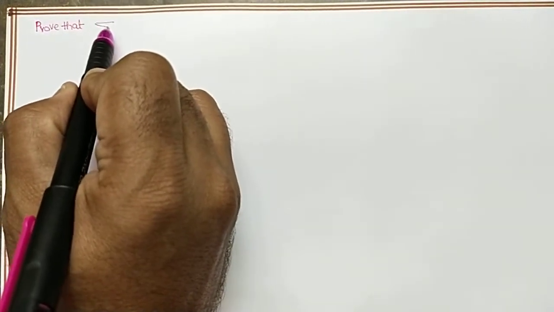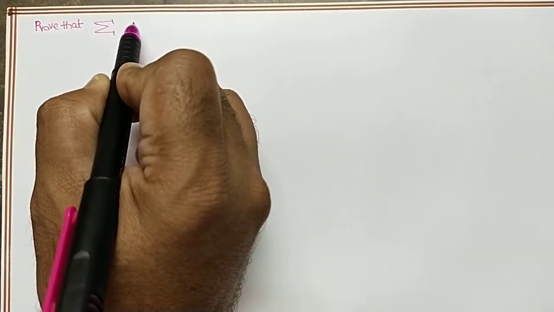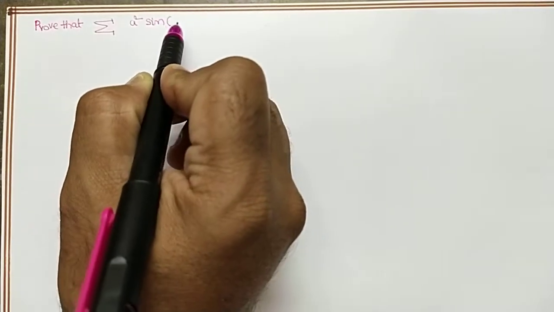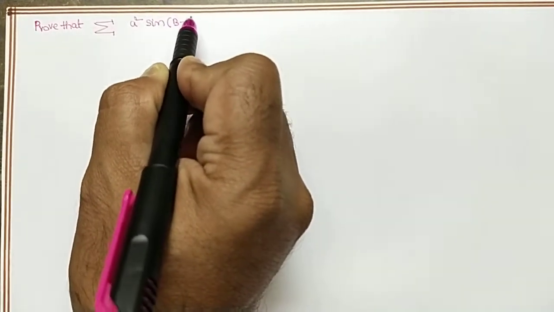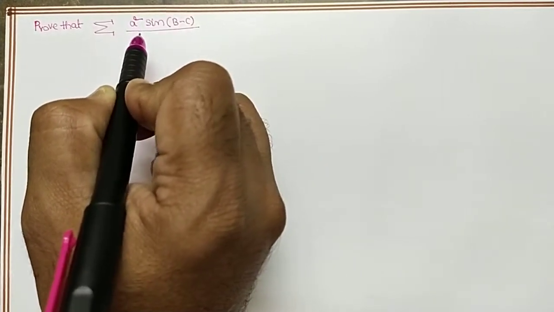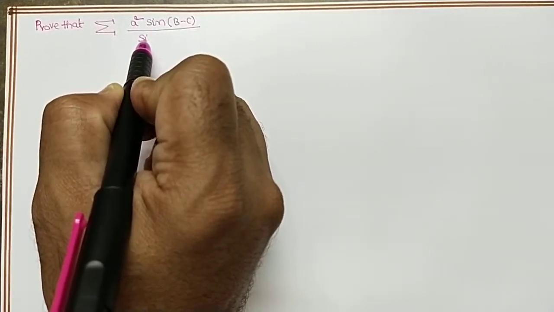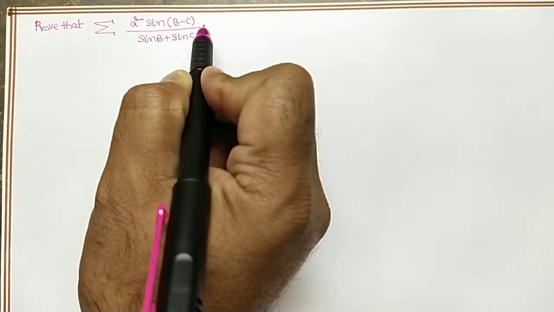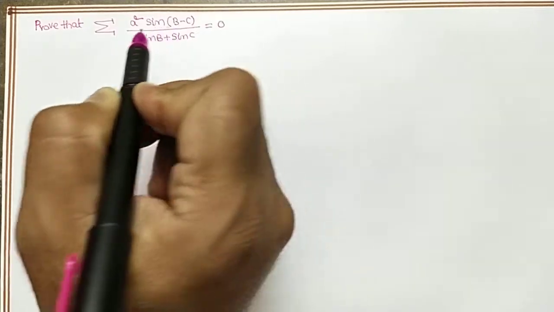The next question, prove that summation a square into sin of B minus C, like the previous problem only, divided by sin B plus sin C, which is also equal to 0.